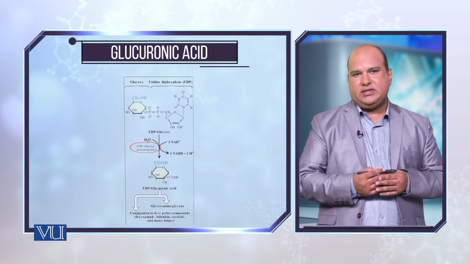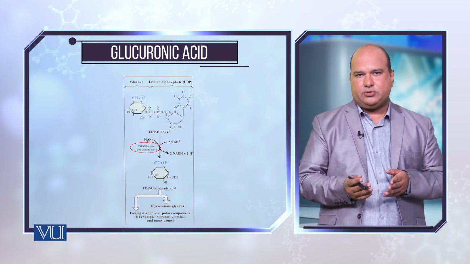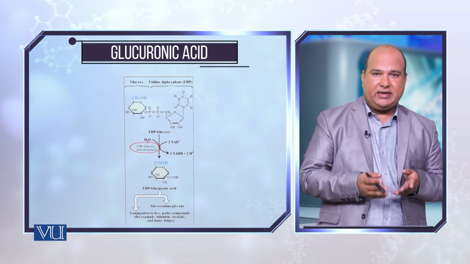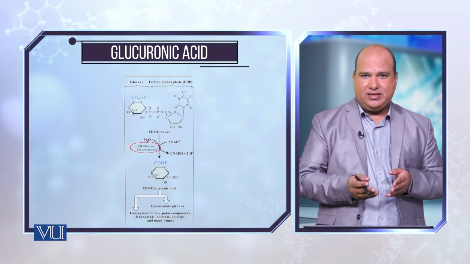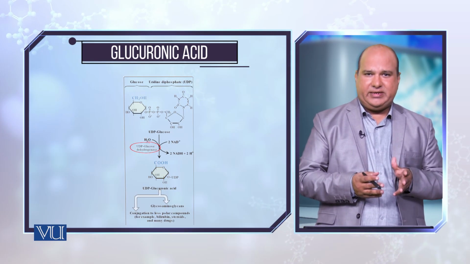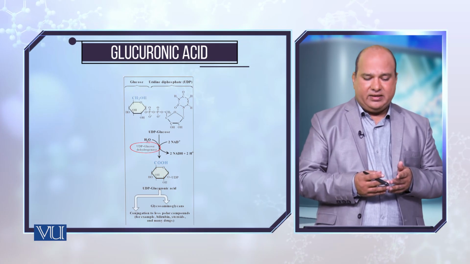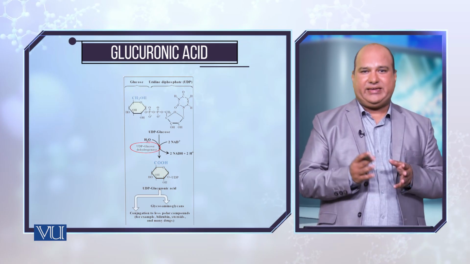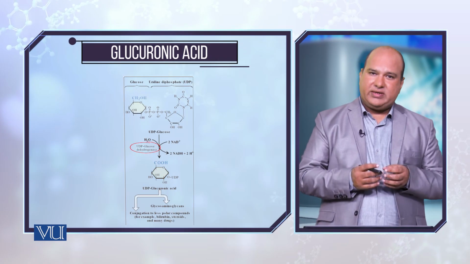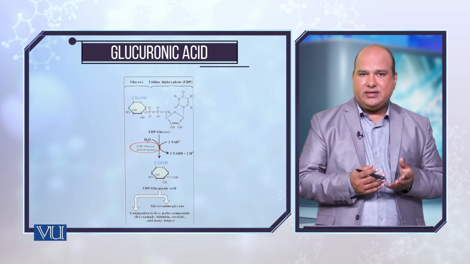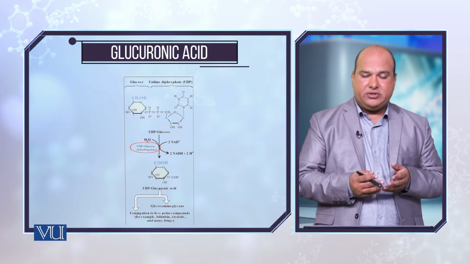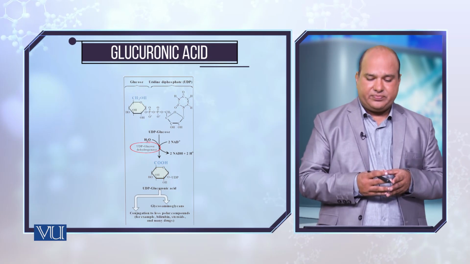So, as you know, the GAGs are not only composed of the amino sugars, but also of the acidic sugars. The two important acidic sugar moieties are glucuronic acid and hyaluronic acid. The glucuronic acid comes from your diet and also from the metabolism or degradation of GAGs.